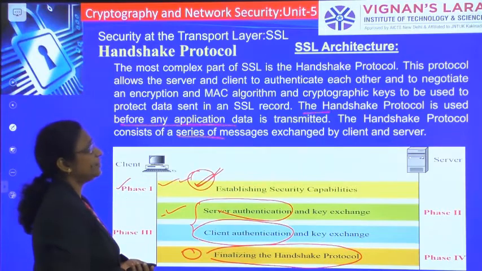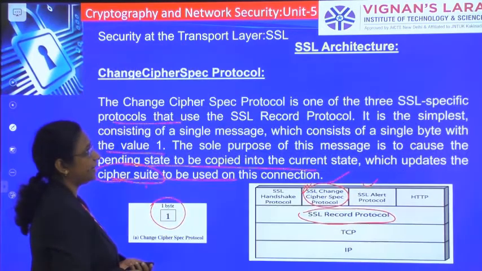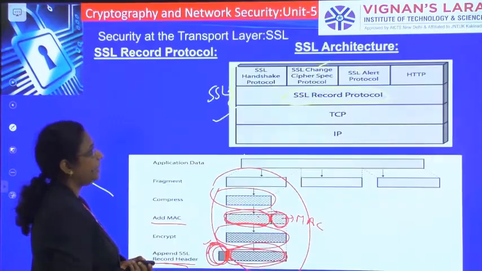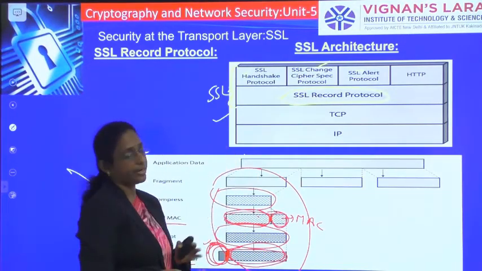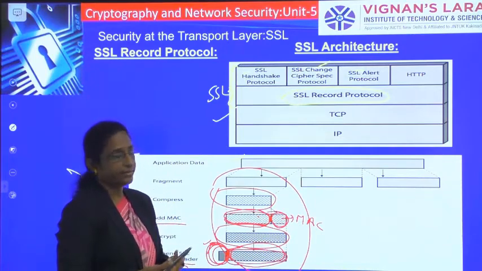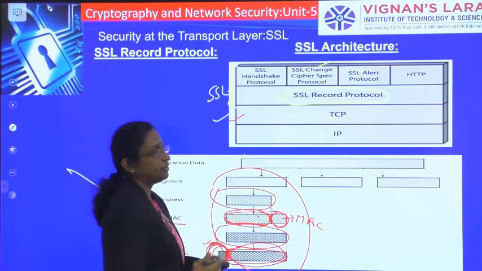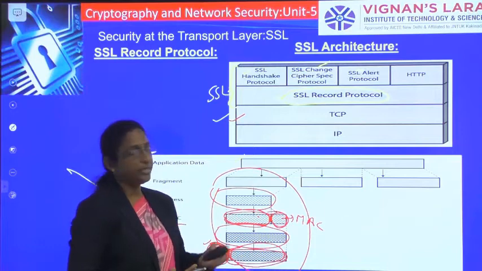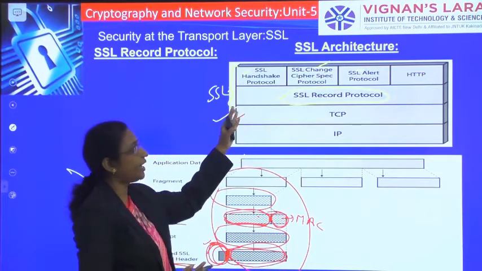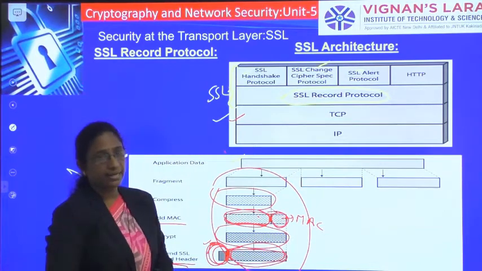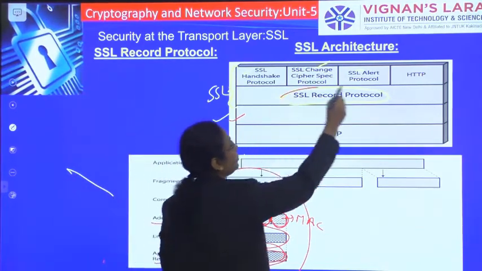So that is about the secure socket layer architecture, where this secure socket layer resides at the top of the transport layer. So as to provide security to this transport layer, we are having this secure socket layer, which comprises of this record protocol.